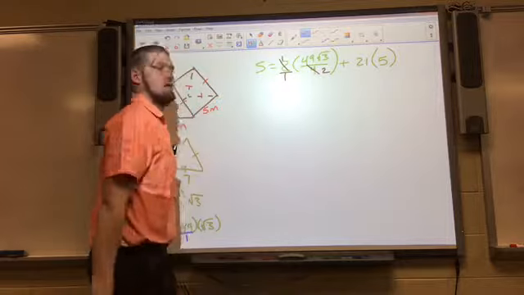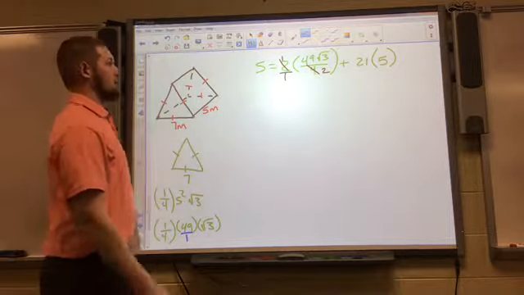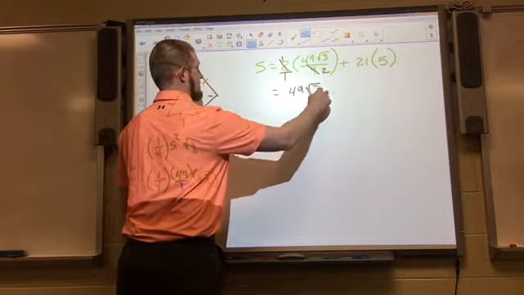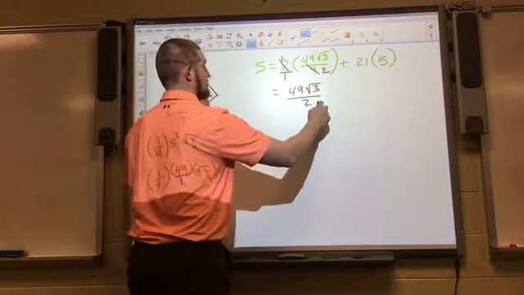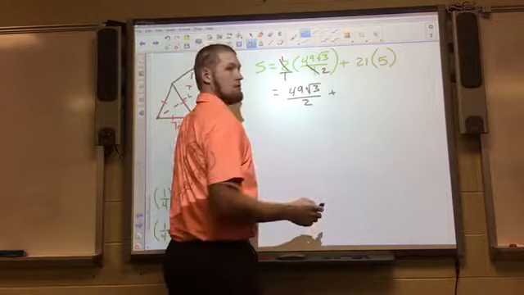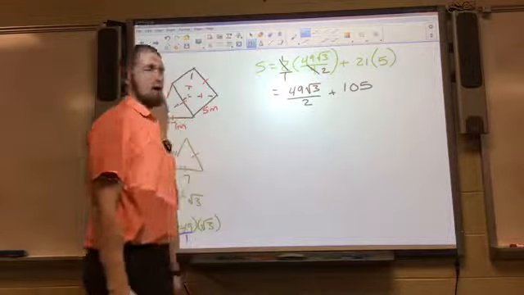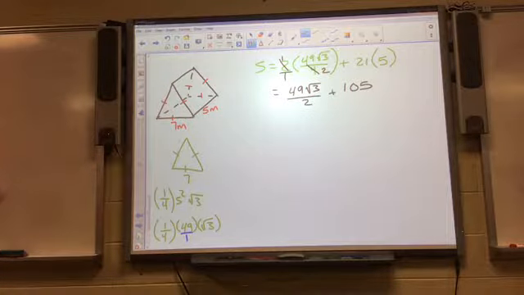Can I do that, since I'm multiplying? So I actually get 49 square roots of 3 over 2 plus 105. Let's type that into our calculator real quick, see what we get. 49 square roots of 3 divided by 2 plus 105.